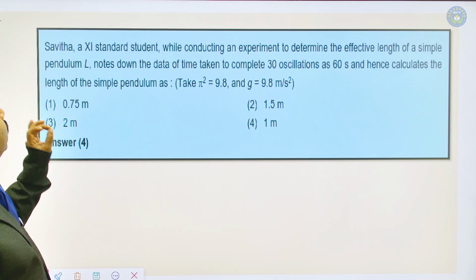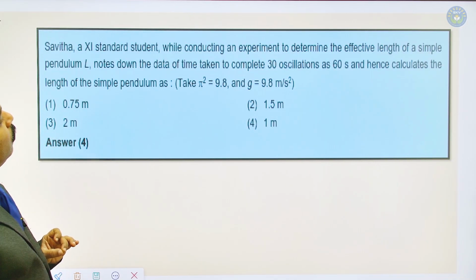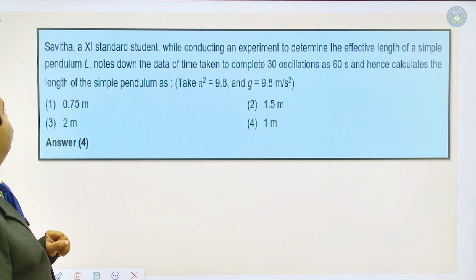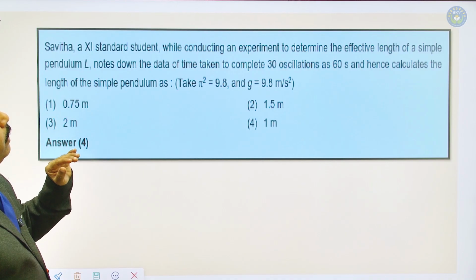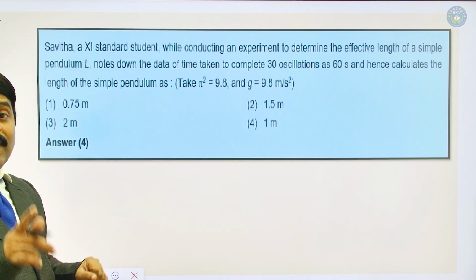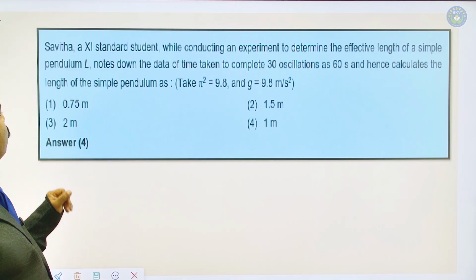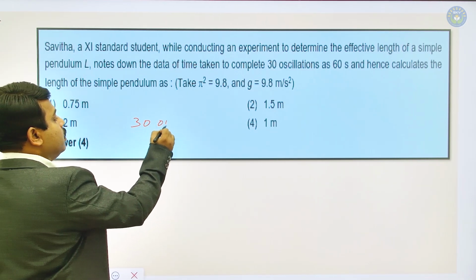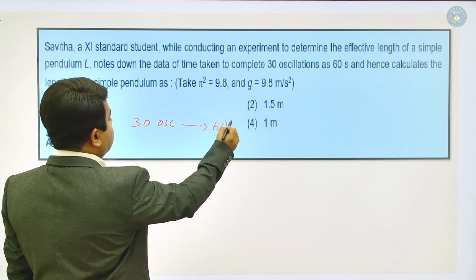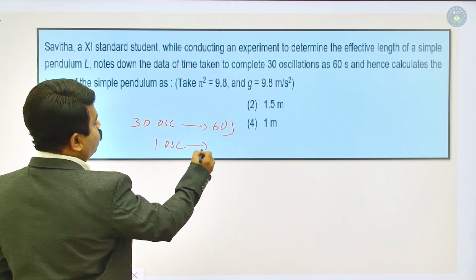Savita, an 11th standard student, while conducting an experiment to determine the effective length of a simple pendulum, notes down the data. Time taken for 30 oscillations is 60 seconds. Calculate the length of the pendulum. 30 oscillations in 60 seconds means one oscillation takes 2 seconds.